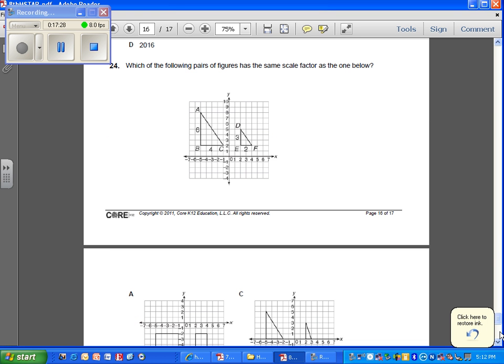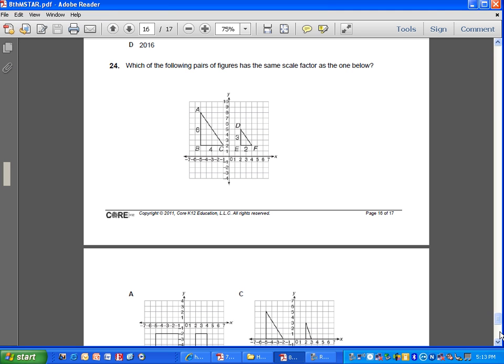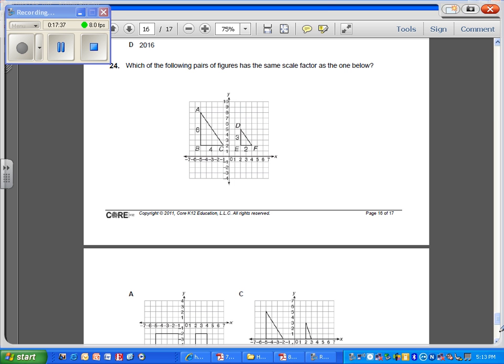All right, number 24, which of the following pairs of figures has the same scale factor as the one below? So this looks like it's a scale factor of 1/2. If I'm going from ABC to DEF, my scale factor is 1/2 or 0.5.